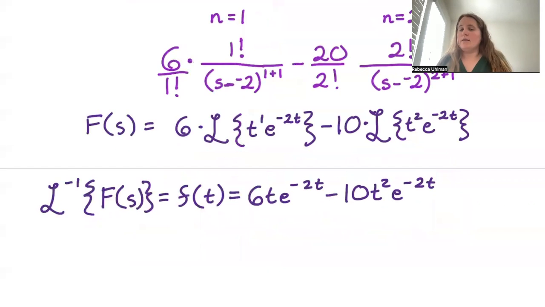So again, this was taking that inverse Laplace transform. It required a bit of algebraic manipulation in order to do the problem. We'll do one more example in the next video.